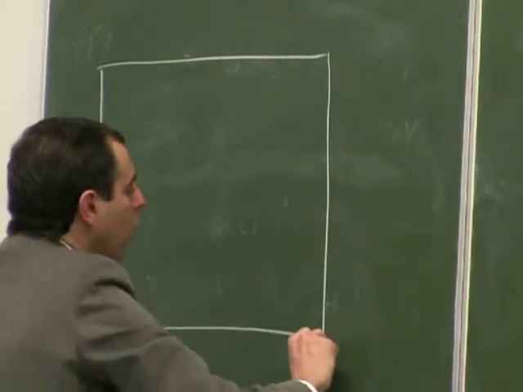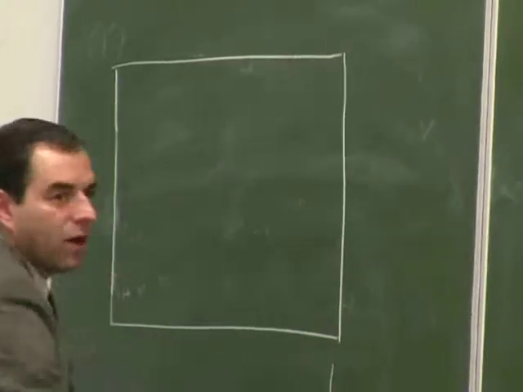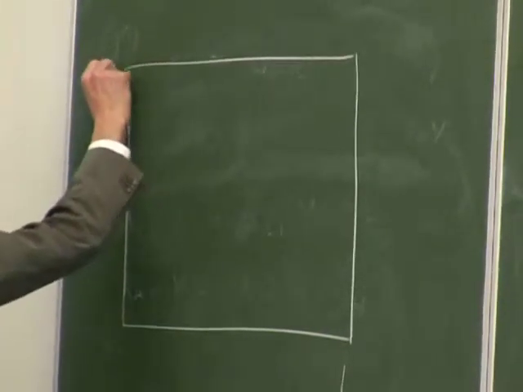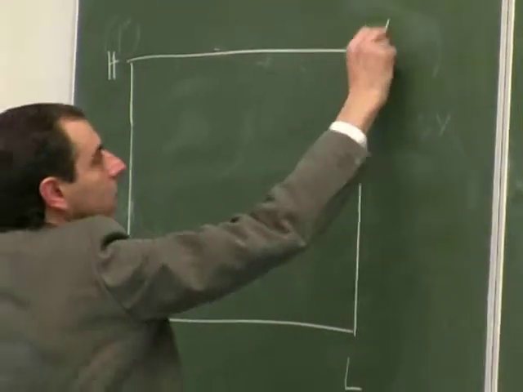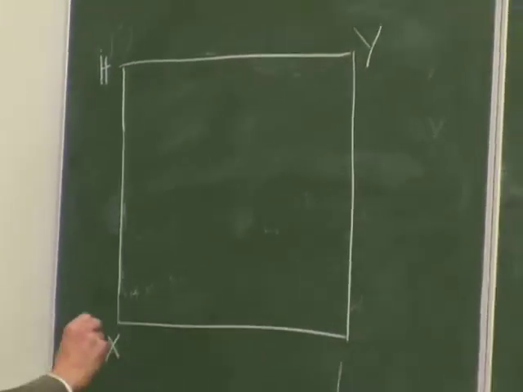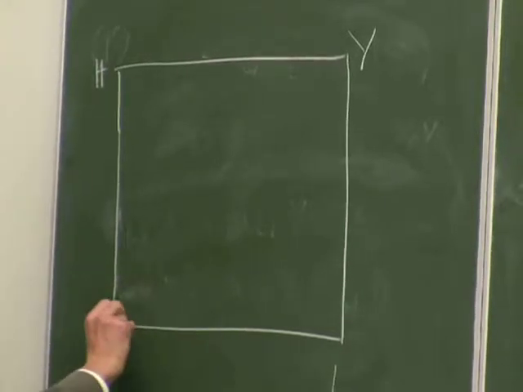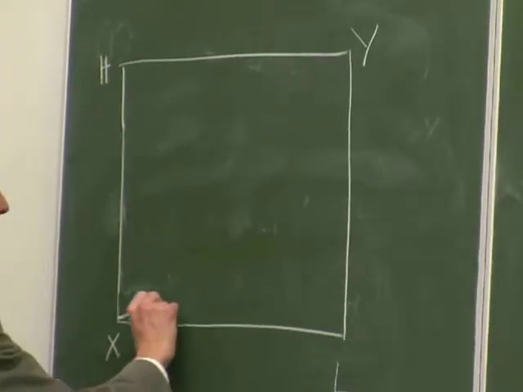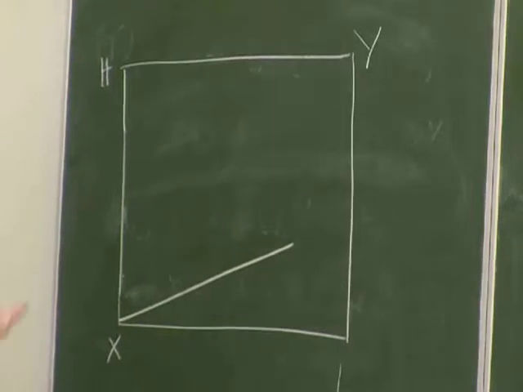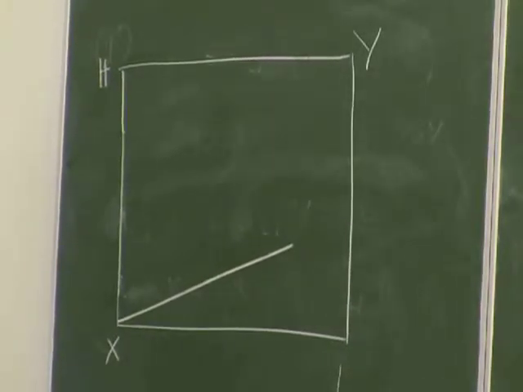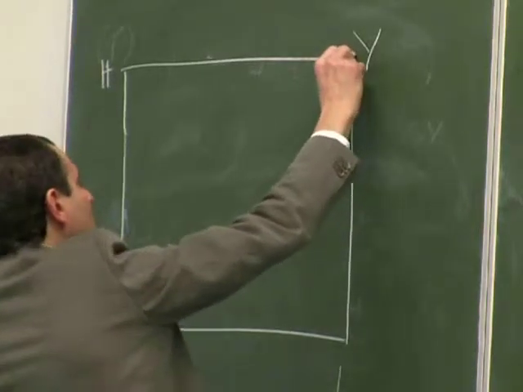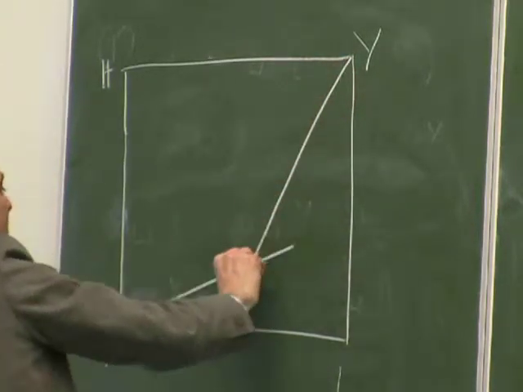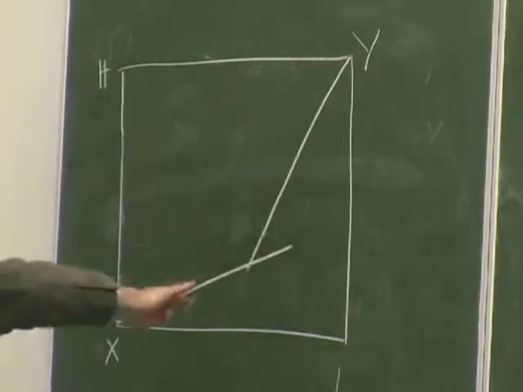This is our endowment of L, this is our endowment of H. This is the X sector, this is the Y sector. This is the output expansion path of the X sector. Notice that it's L intensive, so that slope is less than 1. Now let's look at the output expansion path of the Y sector, and its slope is greater than 1.